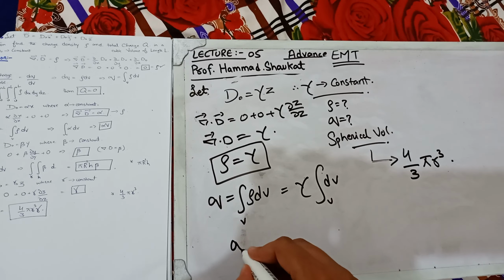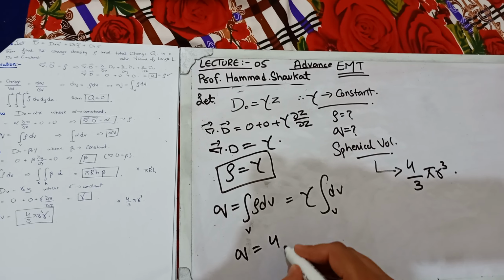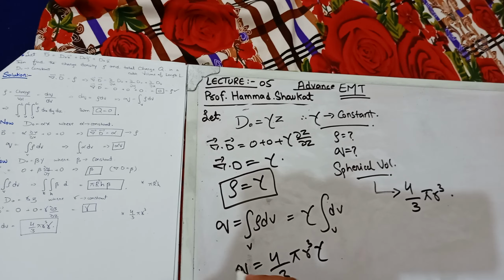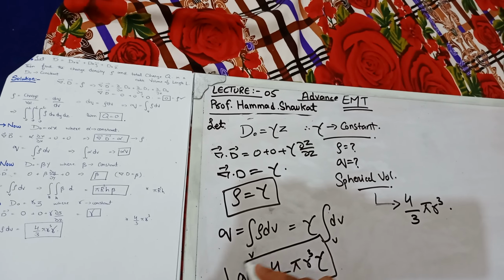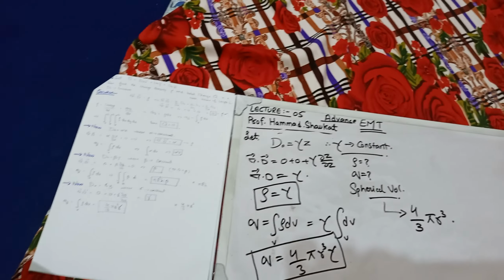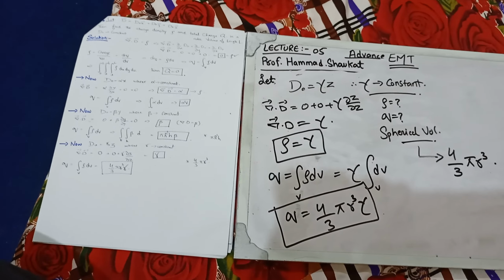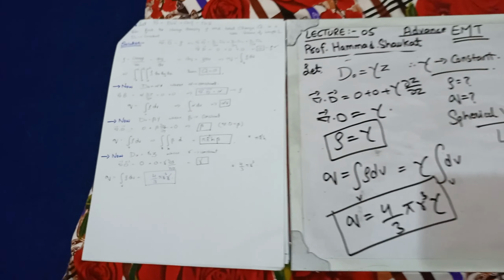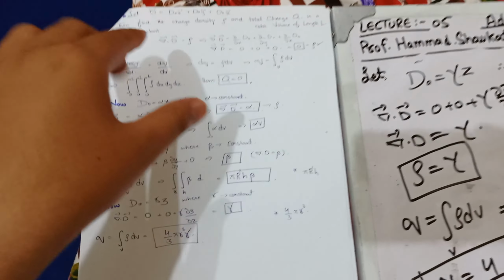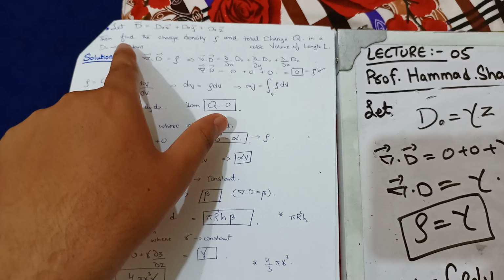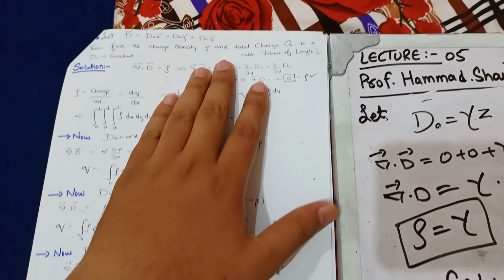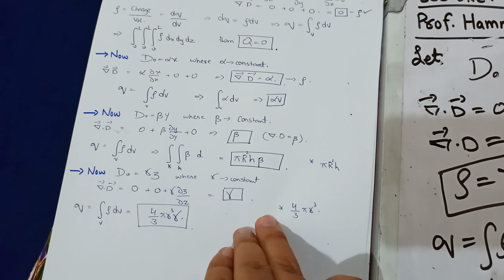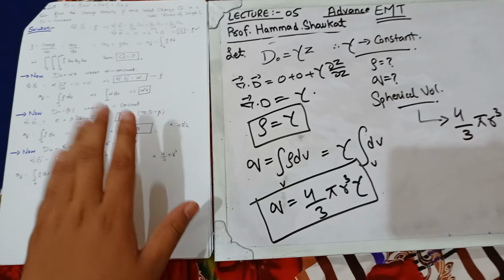So you write here, Q equals 4 by 3 pi r cube gamma. This is your final expression, the total charge in the case of spherical volume. So this is basically the problem I mentioned. This is one case, second case, and third case for cylindrical, and fourth case for spherical volume.